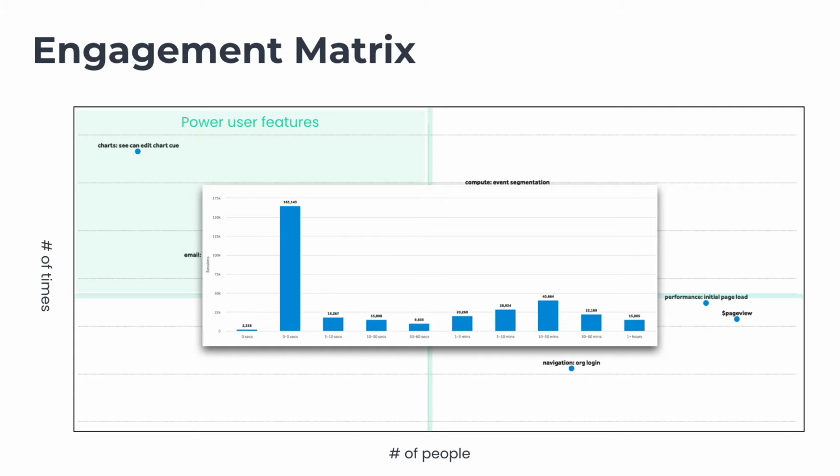One of the analyses we have in Amplitude is called sessions analysis. It's very granular. Not every industry or every team needs to dive into each individual user session, but when they do, they use this chart over and over again. So we think that is still a successful feature, because they are finding value. That's why they return and keep doing this type of analysis.